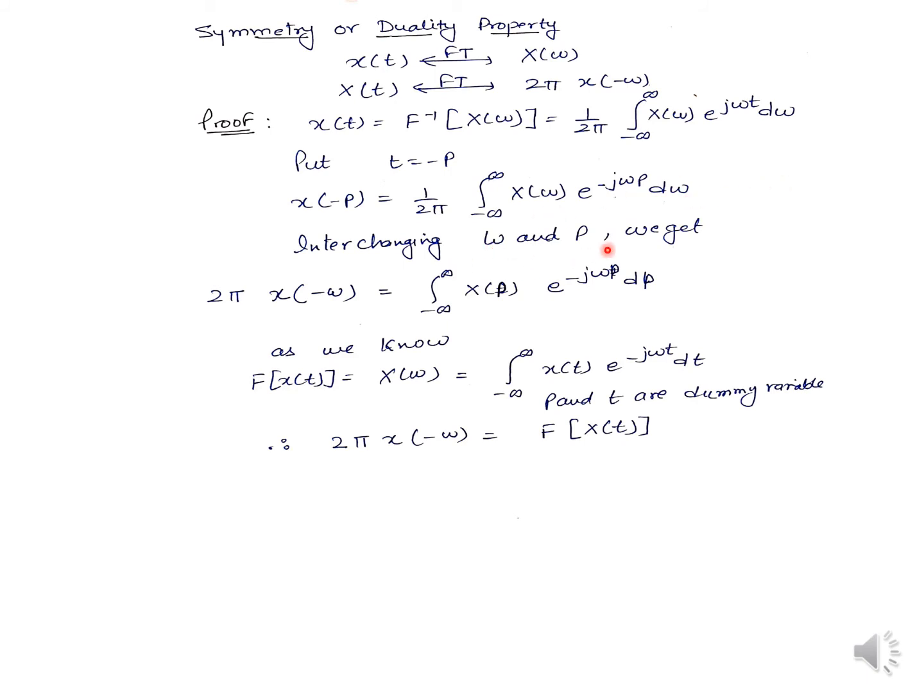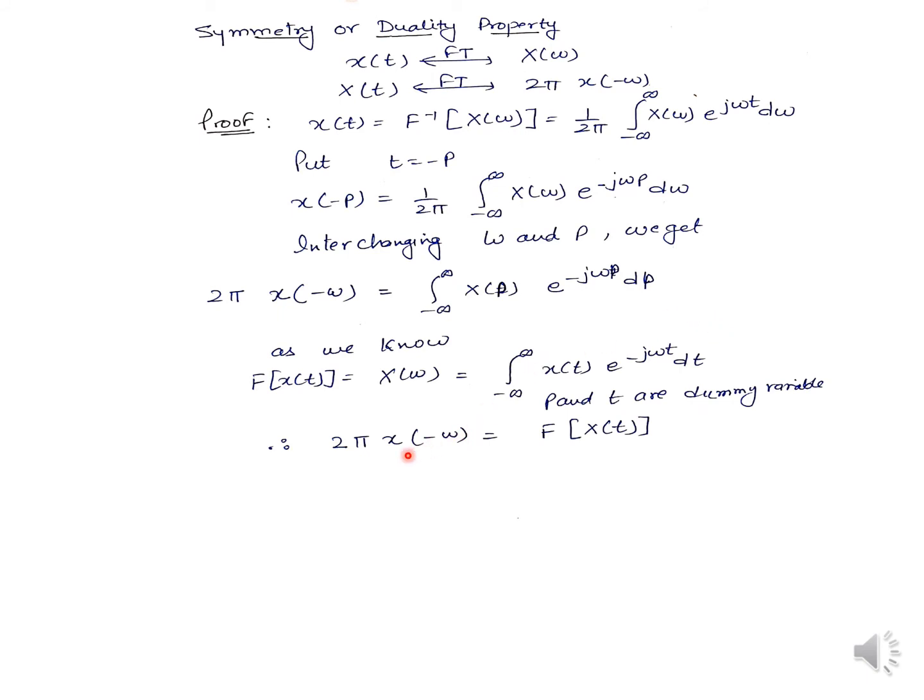Interchanging w and p, we get 2 pi x of minus omega equals minus infinity to infinity x of p e raised to the power minus j omega p dp. As we know, the Fourier transform of x(t), capital X(omega), is equal to the integral from minus infinity to infinity of x(t) e raised to the power minus j omega t dt. p and t are again dummy variables.